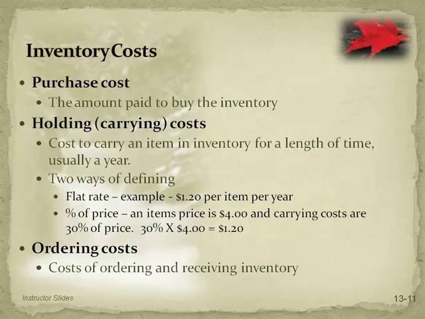So whenever I see a problem that states the inventory carrying cost is a percent of price, all I'm going to do is multiply the percentage times the price and end up with a flat rate. So 30% of $4 is $1.20. You can see that I'm getting exactly the same thing as I get with the flat rate.